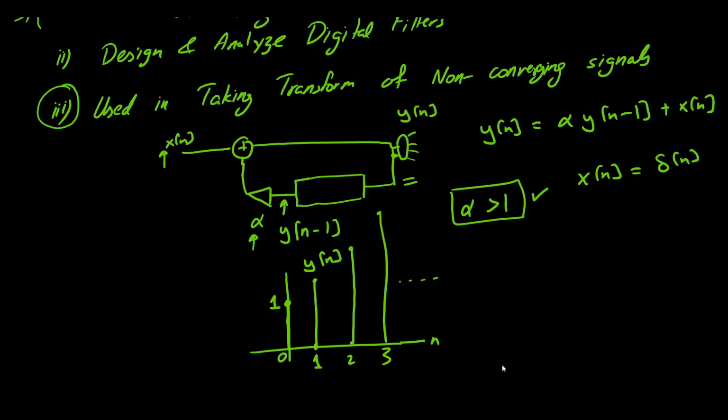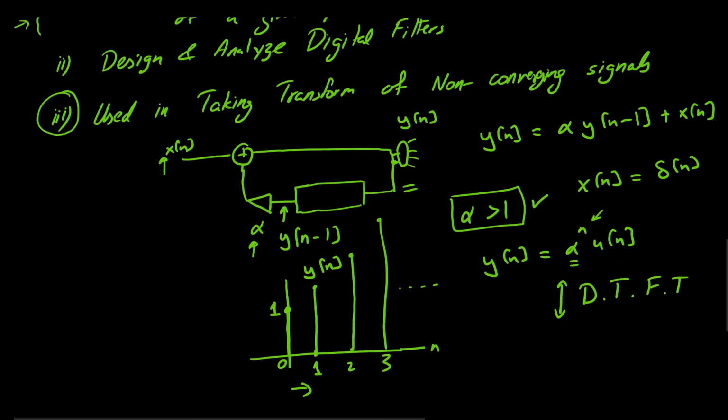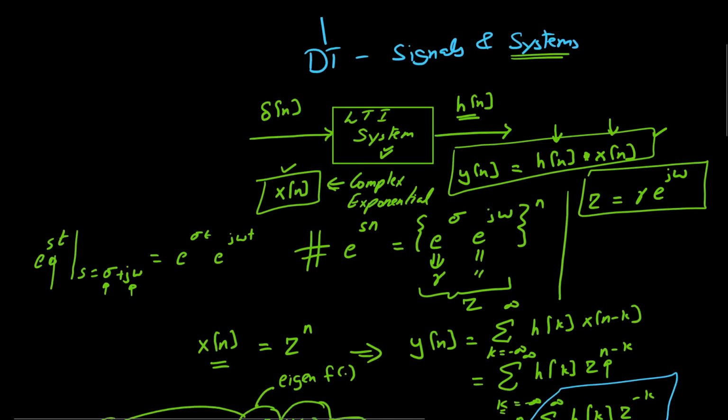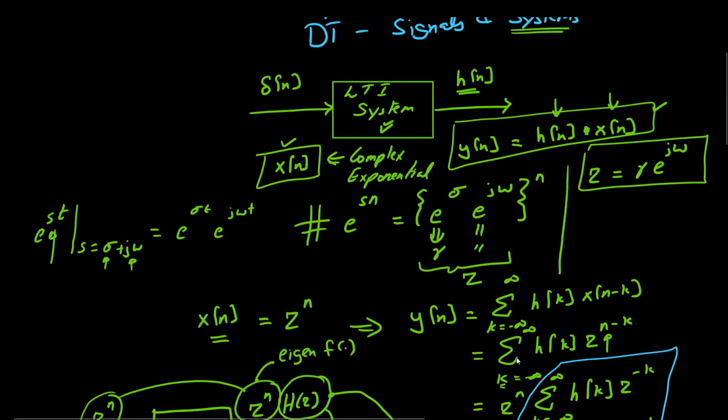Now this is a signal which can be represented in terms of an expression, say alpha raised to power n times u of n, because starting at time 0 and moving towards the right, we have a value of alpha^n which is increasing as we increase the time index n, and moreover alpha is greater than 1. Now if we need to take the transform of this signal, say we take the discrete time Fourier transform, initially we said our z is r times e to the j omega. So if we set r equal to 1, we would converge to the discrete time Fourier transform.